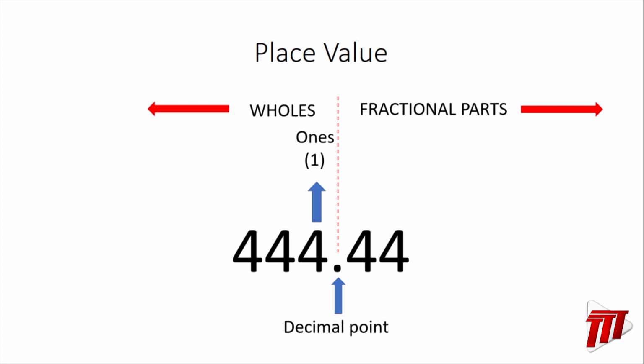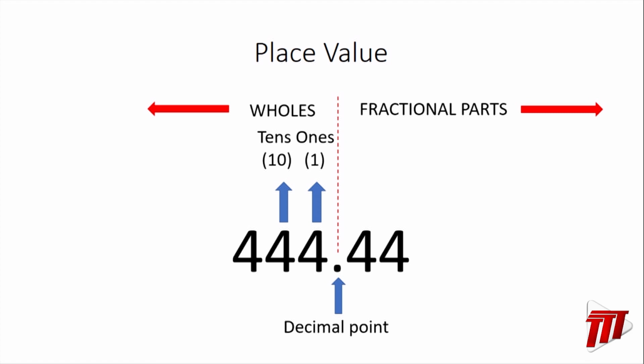The place to the immediate left of the decimal point is the ones place. So, as was mentioned earlier, the value of that 4 is going to be 4 ones or 4. To the immediate left of the ones place is the tens place.